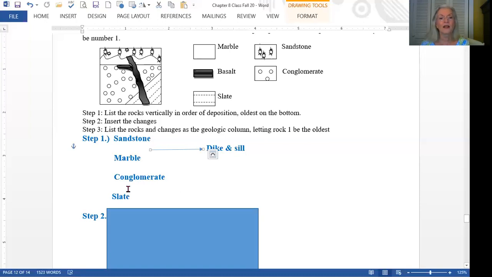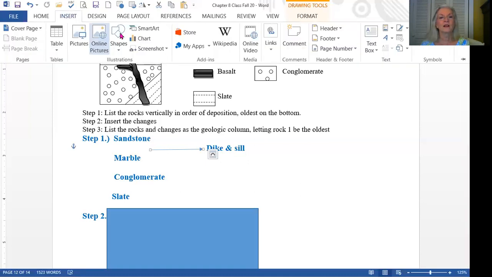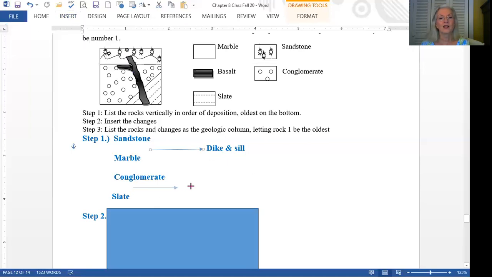So between slate and conglomerate, there is another thing to insert. And that would be our tilt. I'll draw a little line out and I'm going to say tilt.